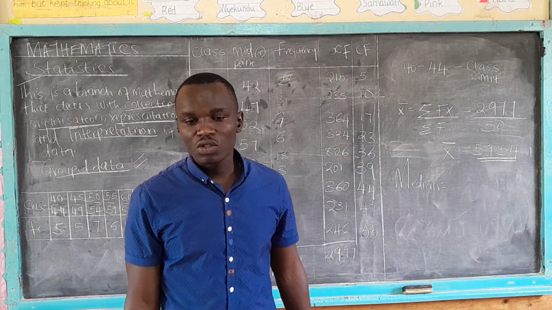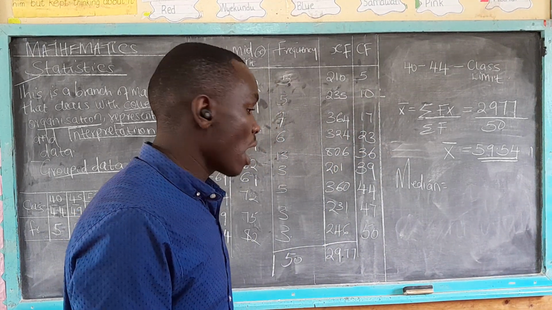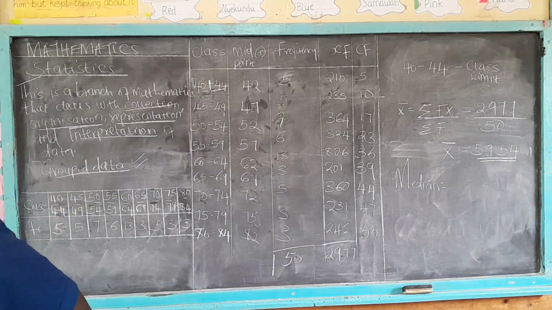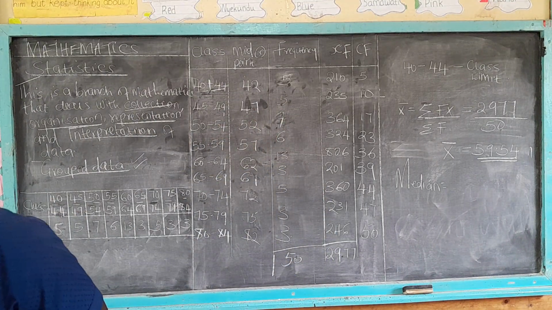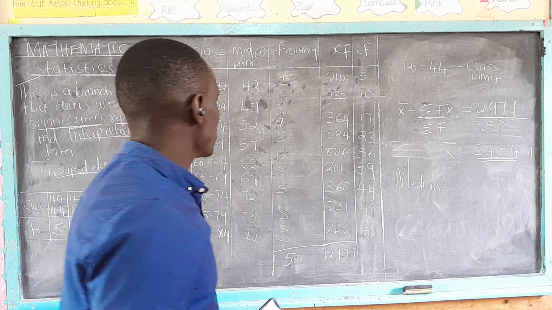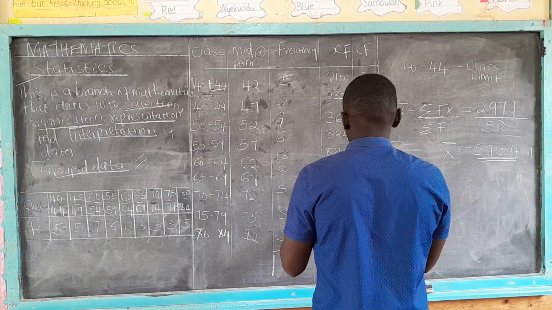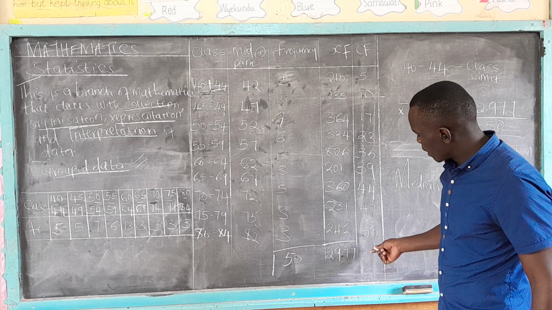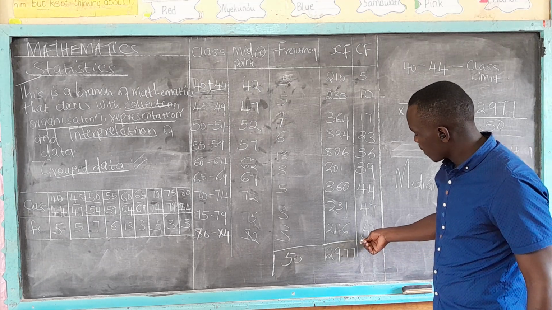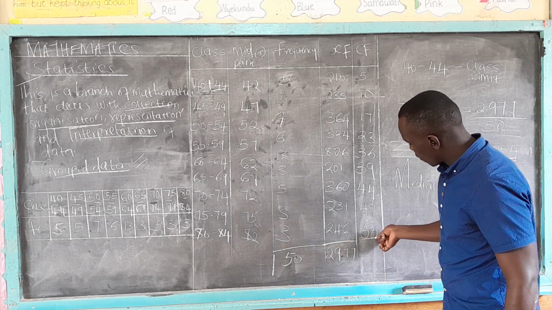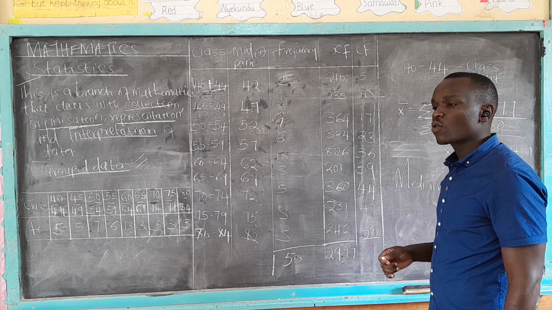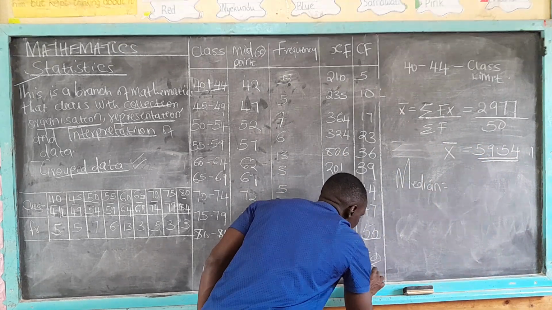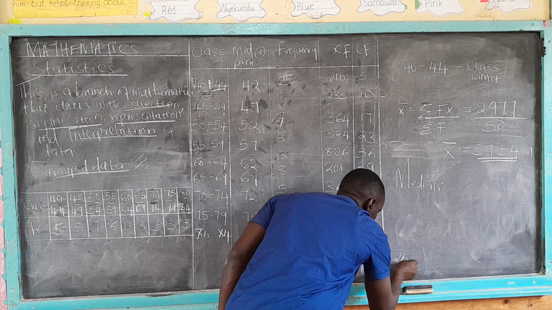Now, we want to use them to calculate something called the median. How are we going to get this median? We are going to get the lower class limit. But before that, let us first know how to calculate the median. You take 50, which is the total cumulative frequency, and divide 50 by 2, you get 25.